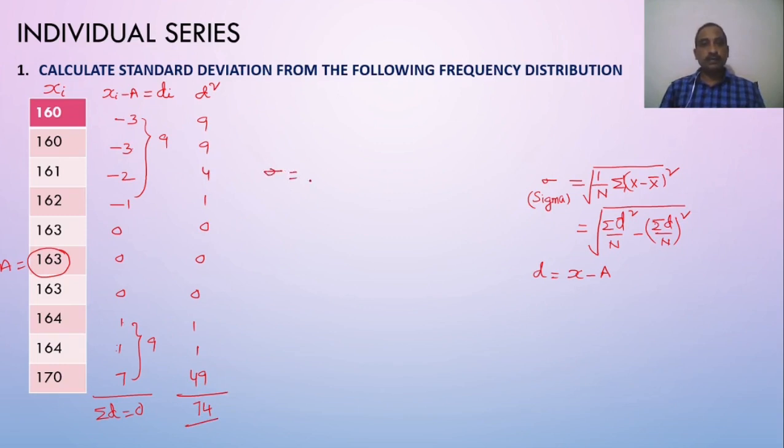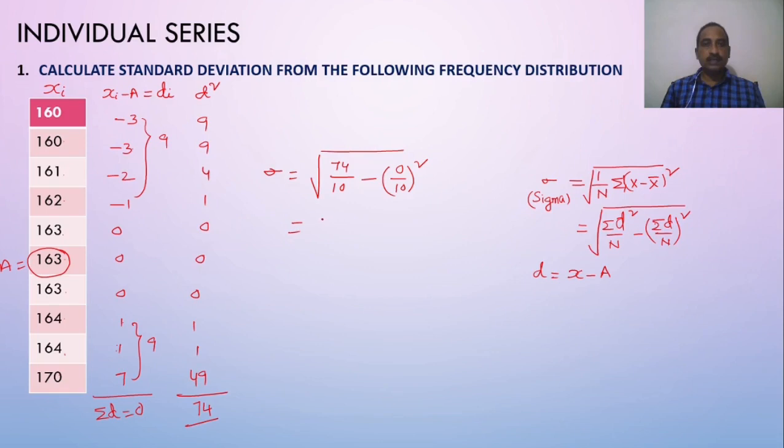Just substitute in this formula. Sigma equals the square root of summation d square by n, where summation d square is 74, by n. How many observations are there? 1, 2, 3, 4, 5, 6, 7, 8, 9, 10 observations. Minus summation d by n whole square, where summation d is 0, so 0 by 10 whole square is 0, and this entire component becomes 0.